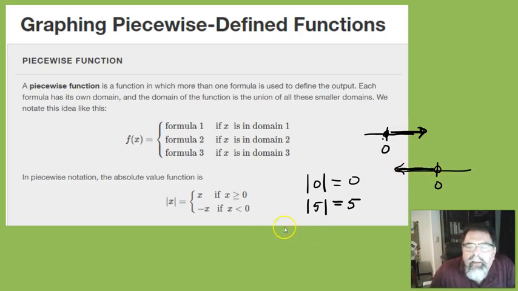So if I did the absolute value of -3, -3 is over here, which is less than 0. So I'm going to use this function. So the absolute value of -3 is the opposite of -3, which we know is just 3. Okay? So that's how you write it in piecewise notation for absolute value.